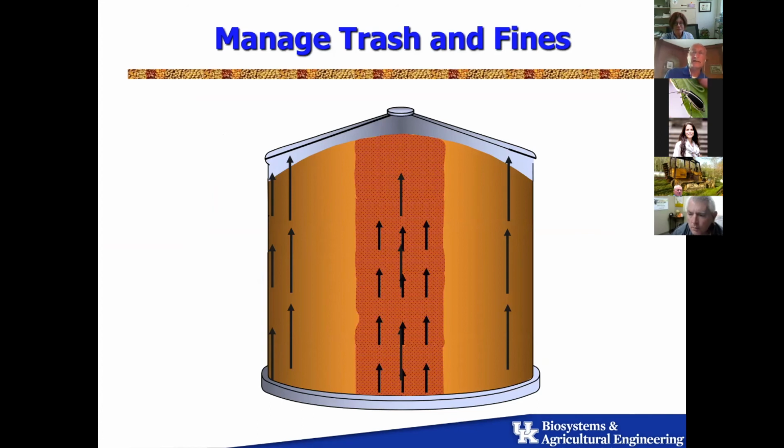If we have a bin shown here with a concentration of fines in the center, it's going to impede the airflow. We have more depth in the center, and the air space in the bin is actually plugged with fines. It's going to increase the resistance to airflow and cause a problem.